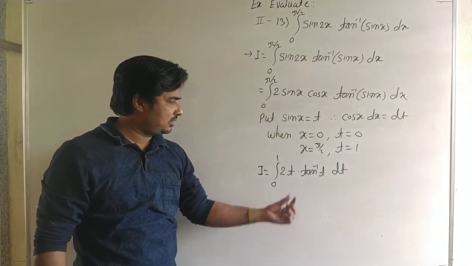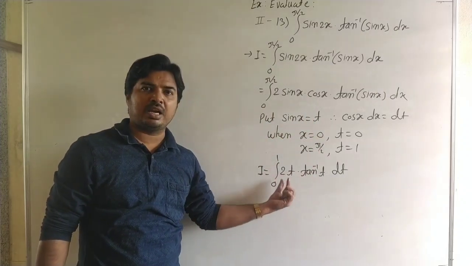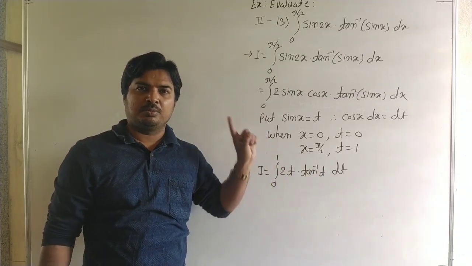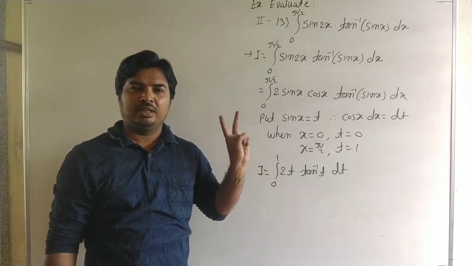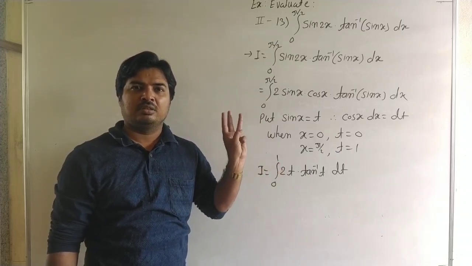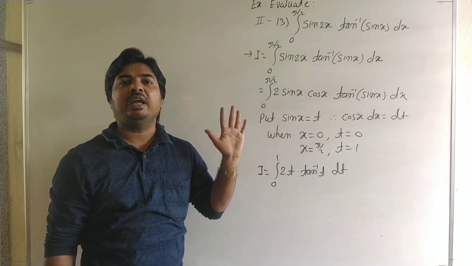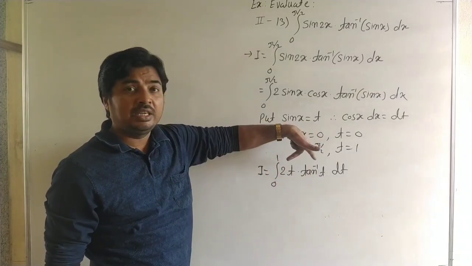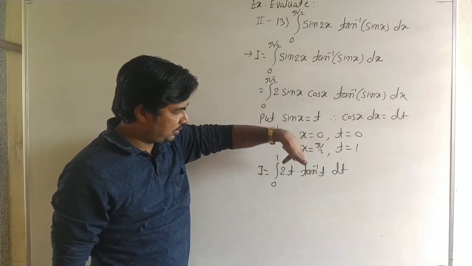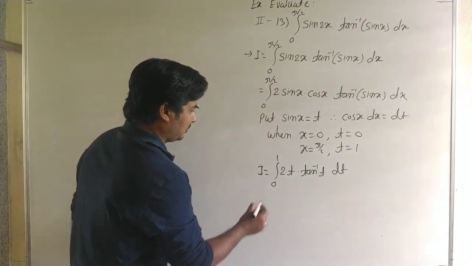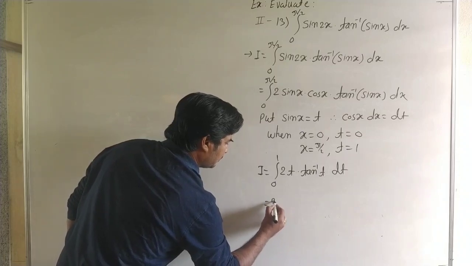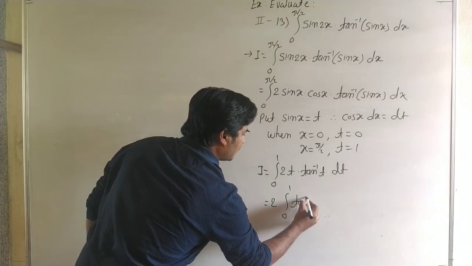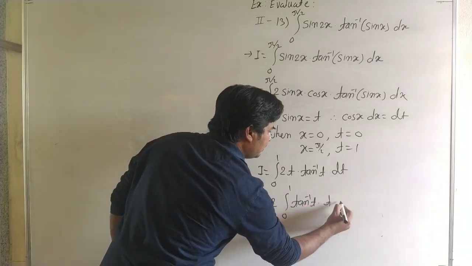In integration by parts, by the rule LIATE, first we take the logarithmic function, then inverse, then algebraic, trigonometric, and exponential. Here we have an inverse and an algebraic function. So tan inverse t is taken first and t second, and 2 is a constant, take it outside. 2 into integral of 0 to 1 tan inverse t into t dt.